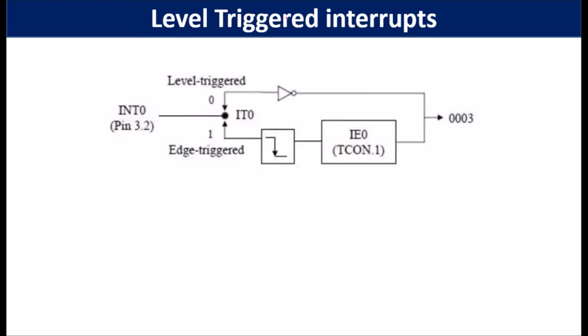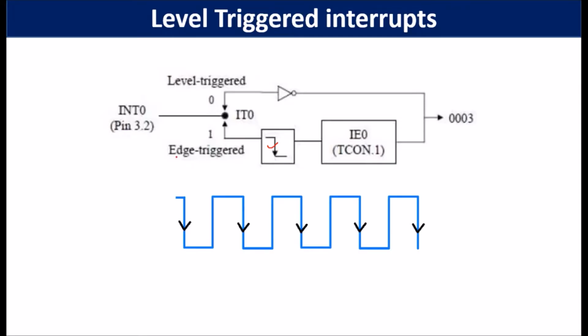For the edge triggered interrupt, the interrupt will occur when there is a transition from high to low. So when we apply a high to low pulse to this pin, the interrupt will occur. You can say that at the falling edge of the signal, the interrupt will occur.